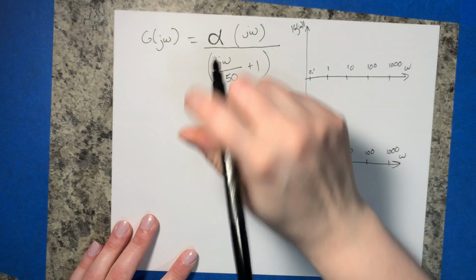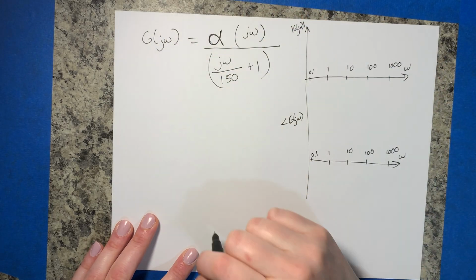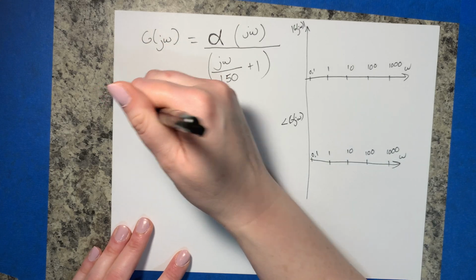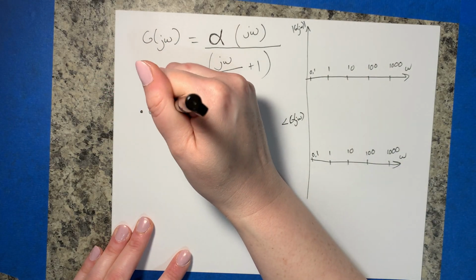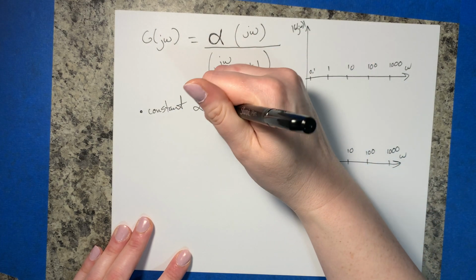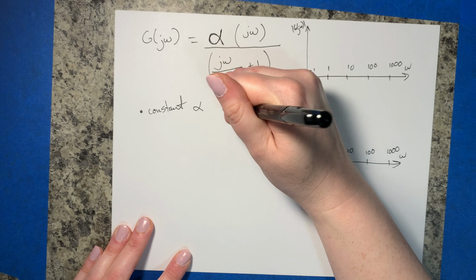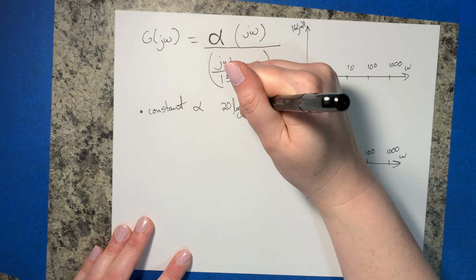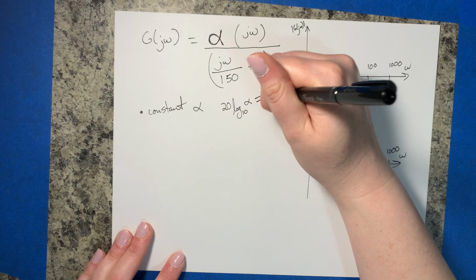Okay, so before I start drawing, I want to call out the different pieces here. I'm going to say that we have a constant alpha. Obviously we have a constant alpha, but I'm going to say that once we do the calculation, 20 log base 10 of alpha is actually equal to 15.